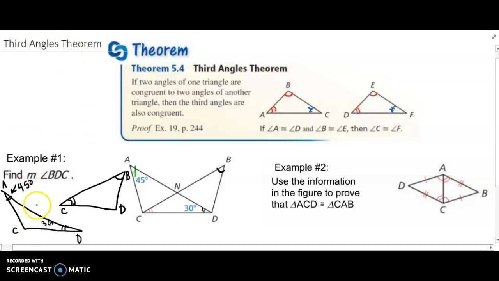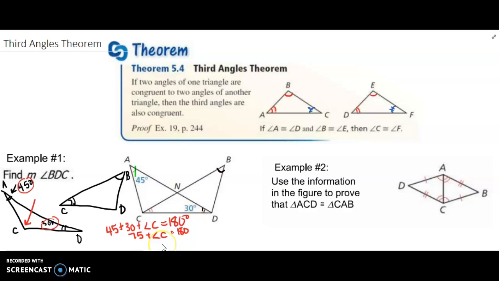Well, if I look at this, I can solve for angle C because I know that this 45 plus 30 plus angle C equals 180. So that's 75 plus angle C equals 180. If I subtract 75 from both sides, I get that angle C is 105 degrees.